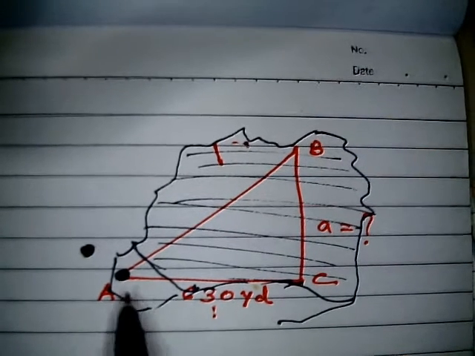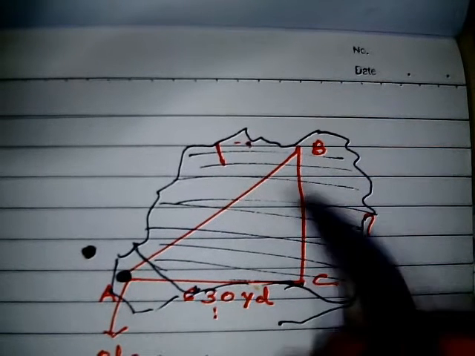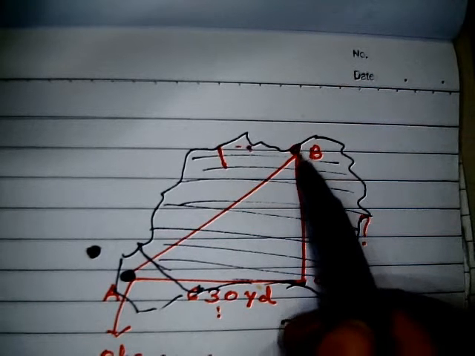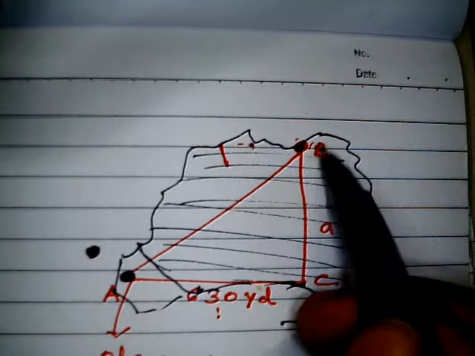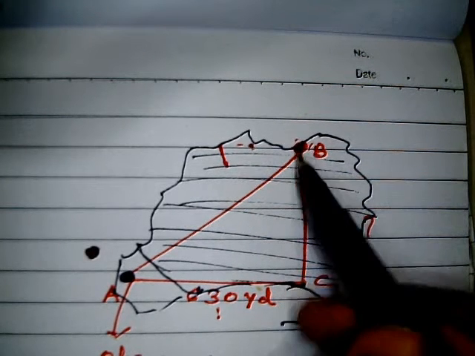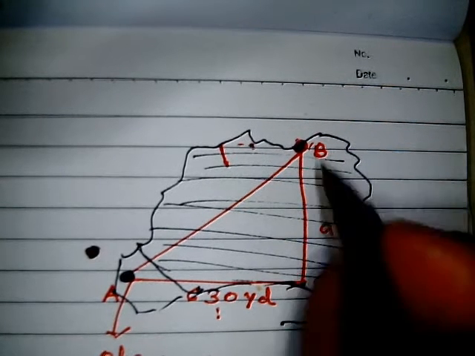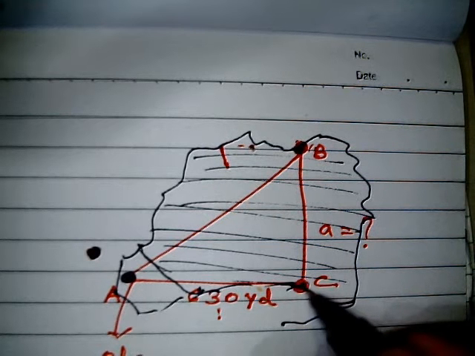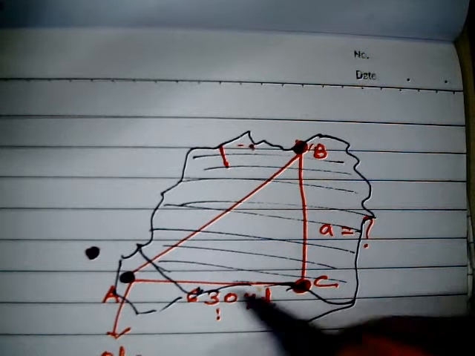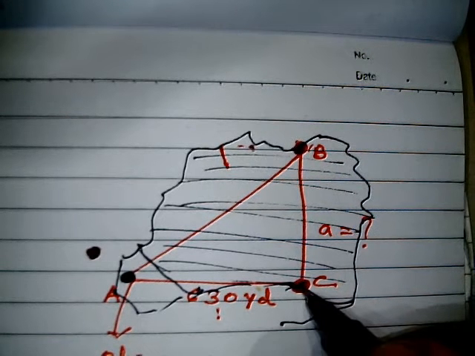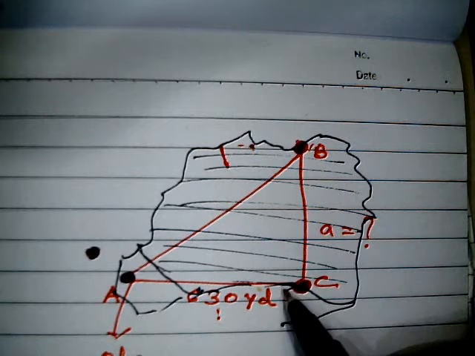At this point one person is sitting and observing the other end point of the lake, where the water ends. That is one end point, and the other end of this side is this one. So this is the limit, this distance we need to calculate.